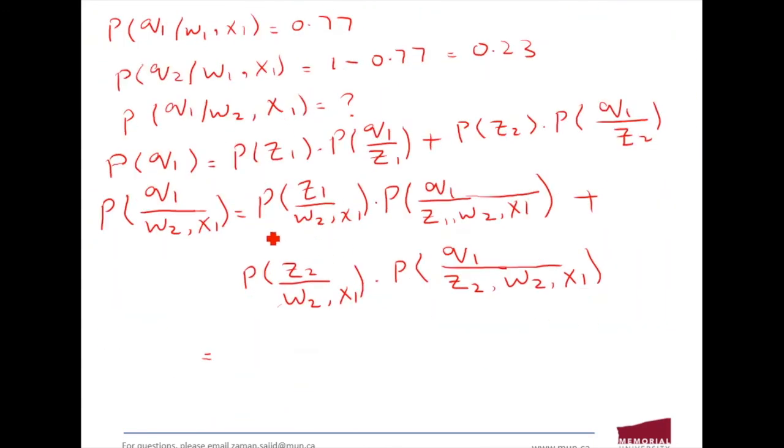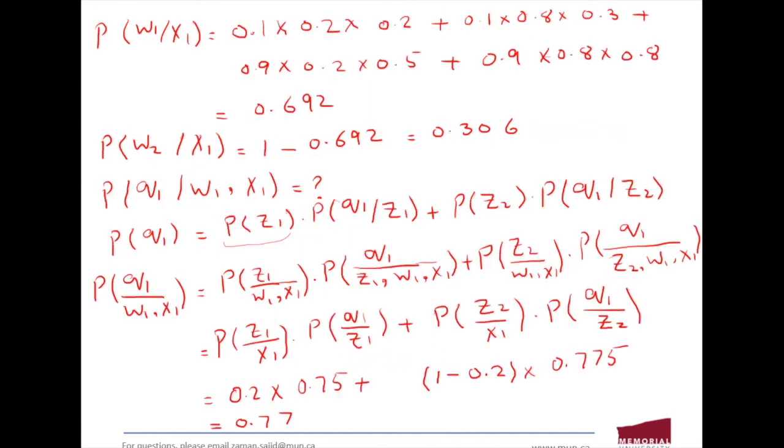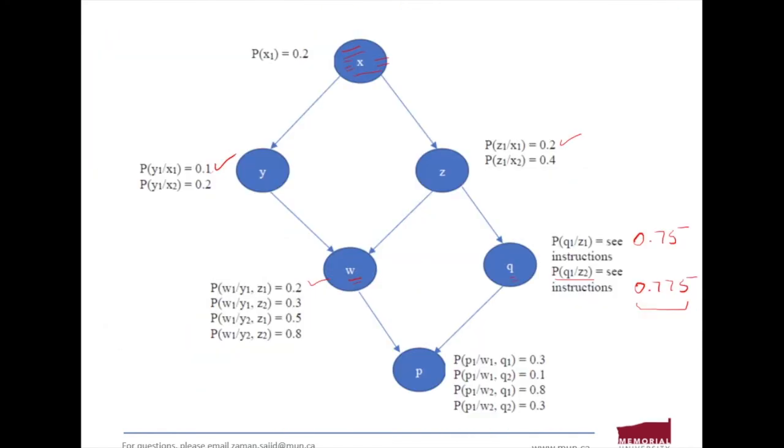So this term, using the Markovian condition, I can write it down as probability of Z1, given that X1, because X is the parent of Z, times the probability of Q1. Now we will see what are the parents of the Q in the network. The Q has the only parent of Z here.